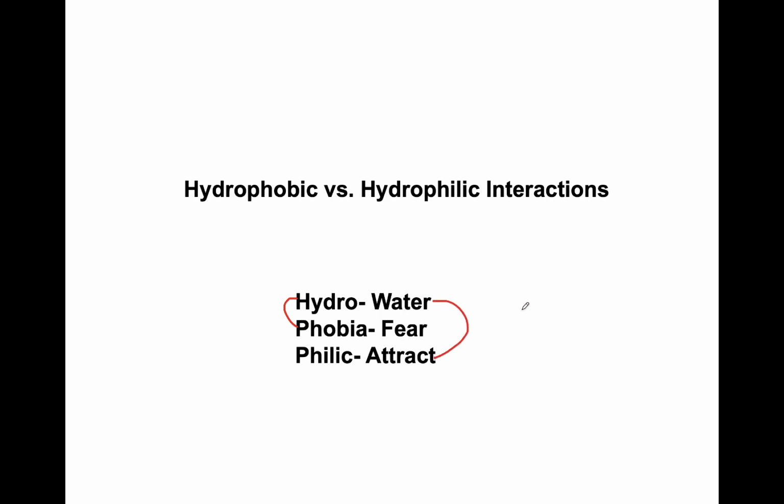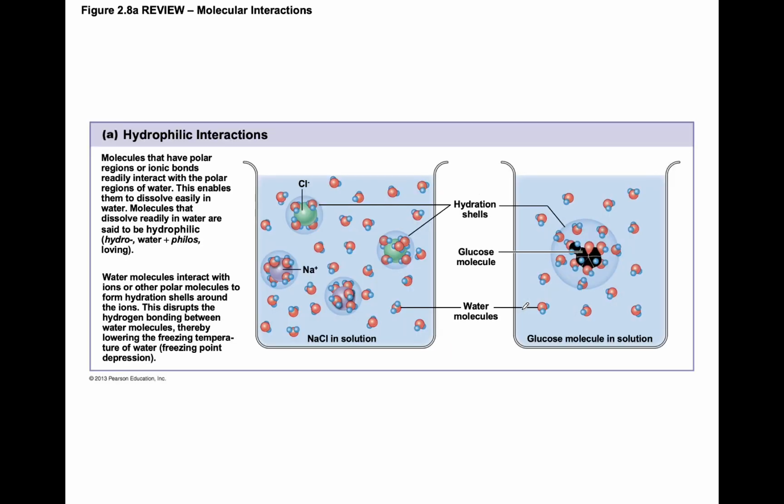So what does that mean in terms of chemistry? Well, let's say you have a beaker full of water molecules. You put in some salt or sugar, let's say. If you take sugar or salt and you put it into a cup of water and you mix, will it eventually dissolve? Yes, it will.